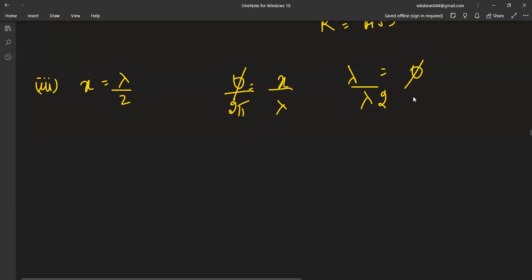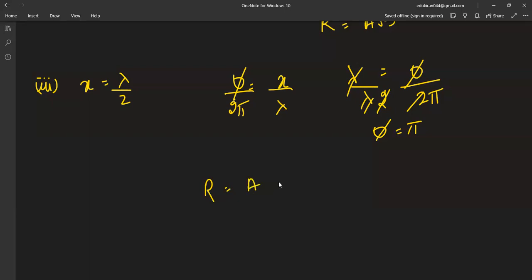This gets cancelled. Phi is equal to pi. Simple equation, resultant is A minus B. That is, you have 2A and the other one is A. So 2A minus A is equal to A. This is the answer. Quickly write it down.